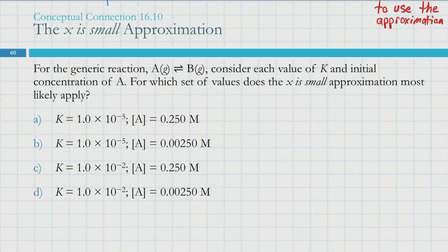What sort of conditions do we want for X to be small relative to our initial concentration? Our initial concentration should be bigger. Yeah, we want a big initial concentration.